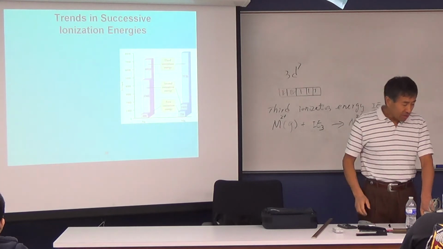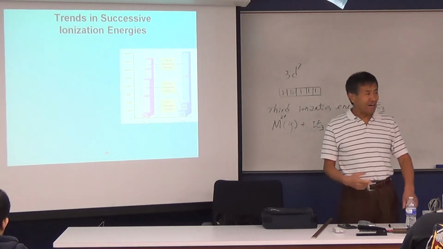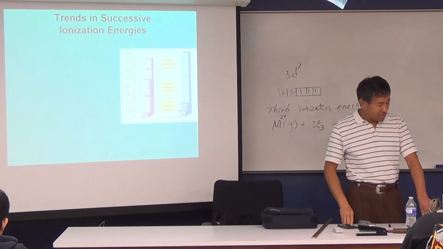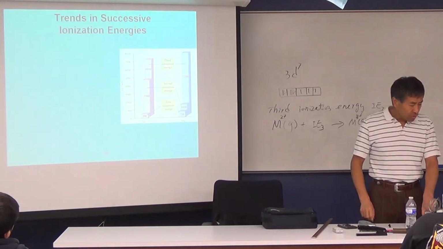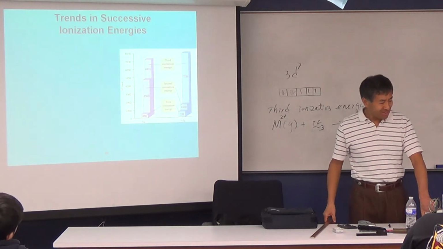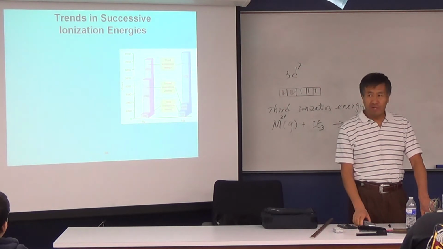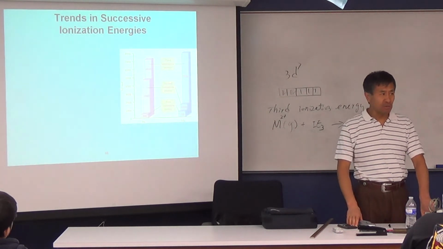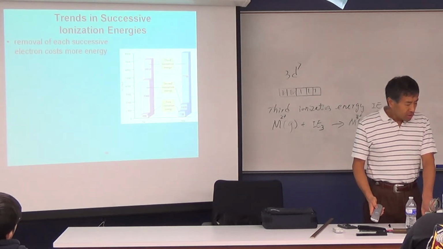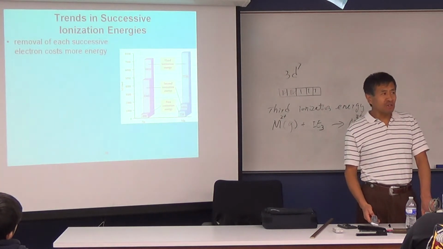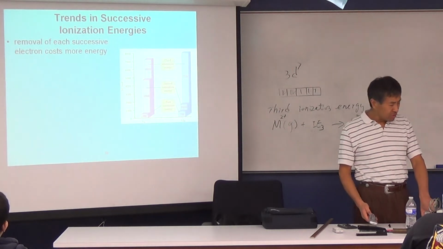Right, now we are going to see the other pattern for the IE1, IE2, or the IE. IE has a lot you can compare. So we are going to see the so-called successive trend. That means we are going to compare for the same atom. This kind of makes sense, and also uses what we studied in Chapter 7, those electron configurations.